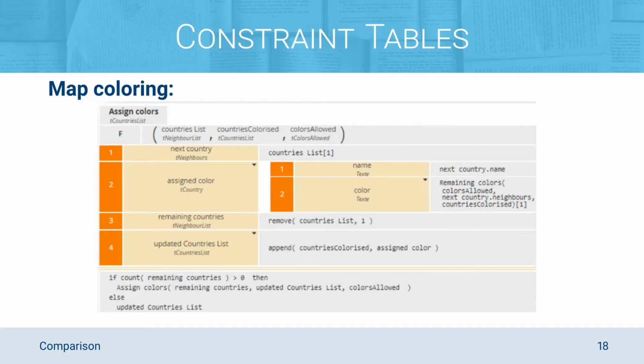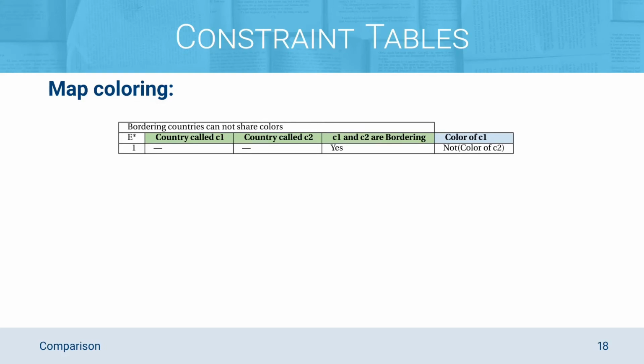So here, the DMN table completely misses that target, but it is a valid DMN table. In cDMN, as I've shown before, we would do this as follows. We would state that for every country called C1 and every country called C2, if they border, they cannot have the same color. And this table replaces that previous table with something way simpler.